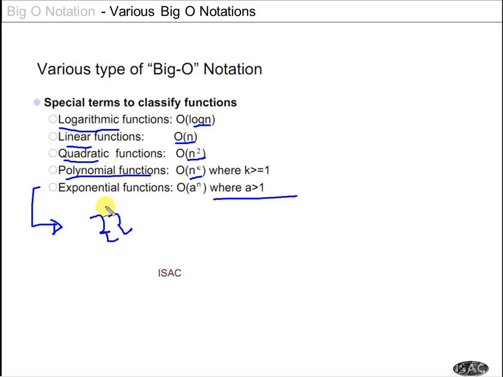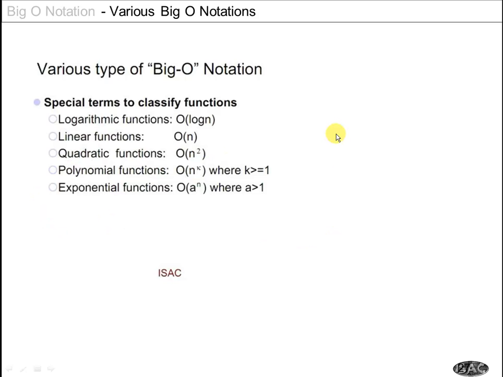Also find out what kind of algorithm you can create which has a quadratic function. This is just thinking and brainstorming. Find an algorithm which has a quadratic function, or of order n square.